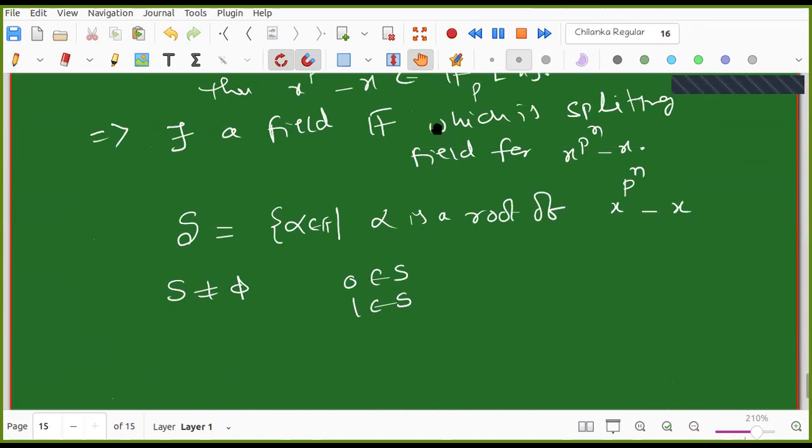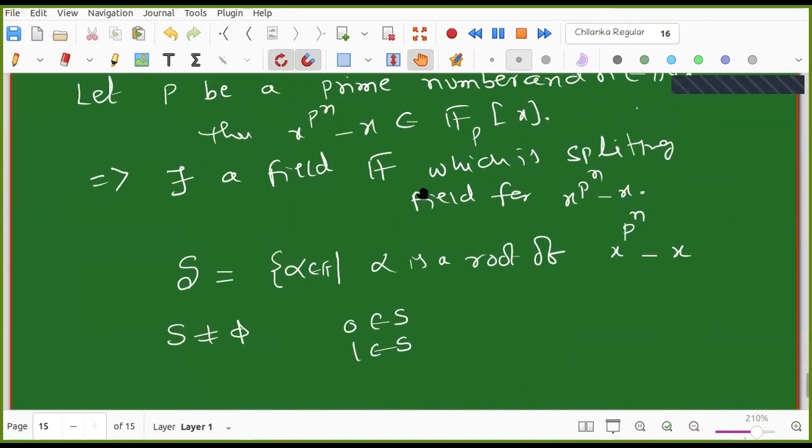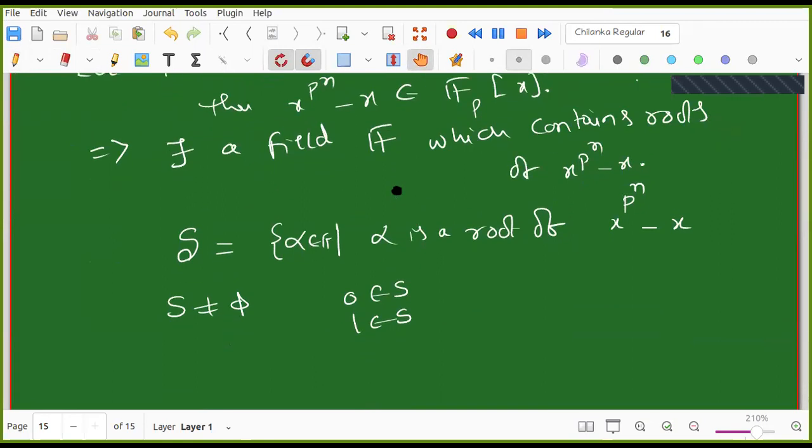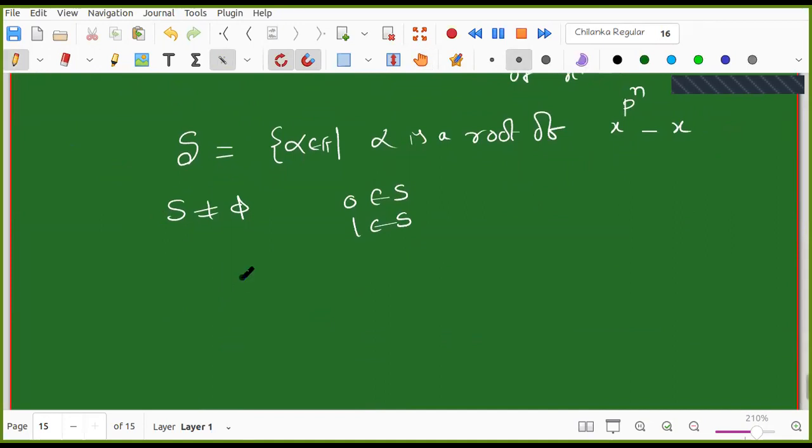So there is a field which contains the roots of this. No problem here. Now this is non-empty, okay.